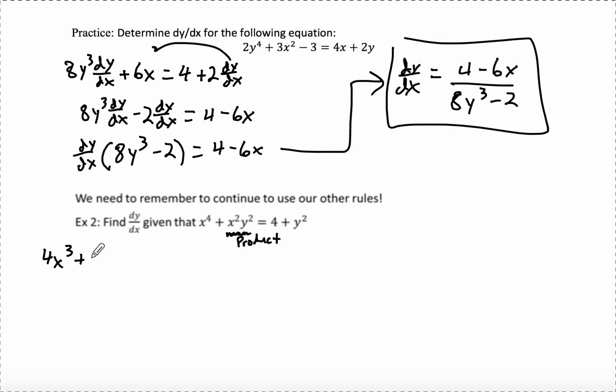So the product rule says keep the first times the derivative of the second, which would be 2y, but we're taking derivative of y, so dy dx. Plus, so I kept the first, derivative of the second was implicit, plus derivative of the first, 2x, keep the second, equals the derivative of 4 is 0, the derivative of y squared is 2y dy dx.